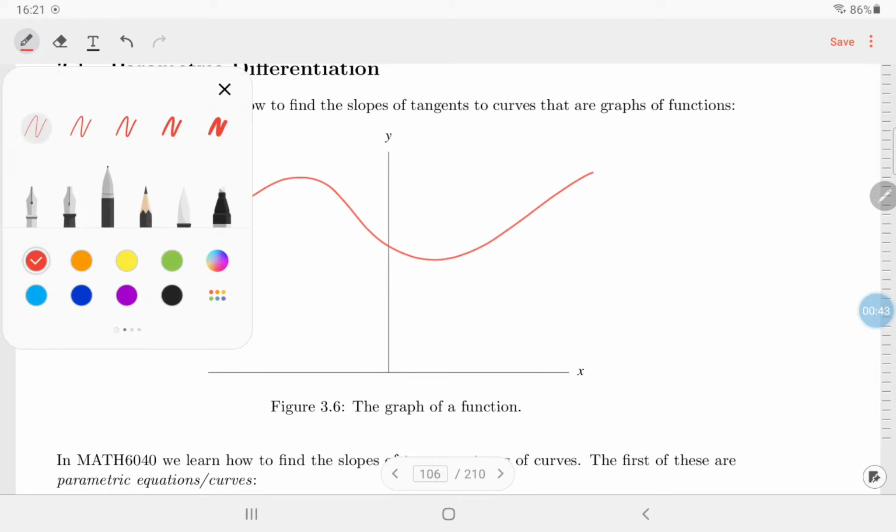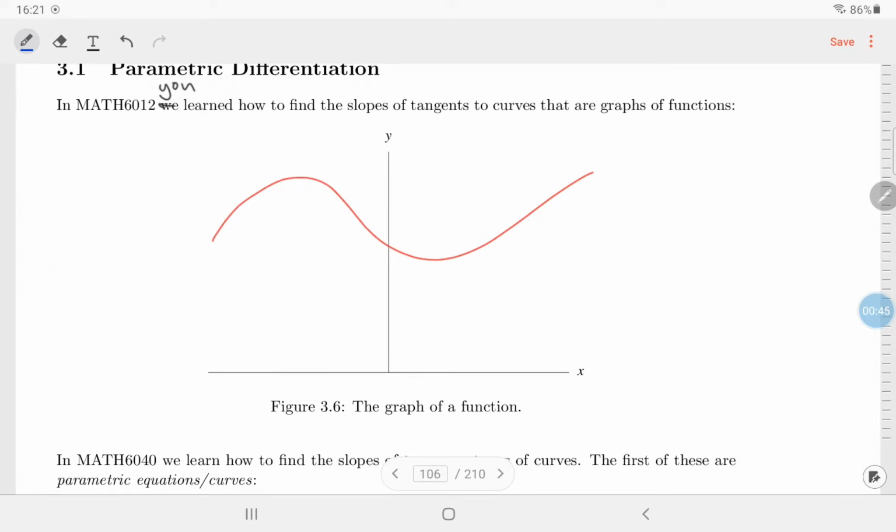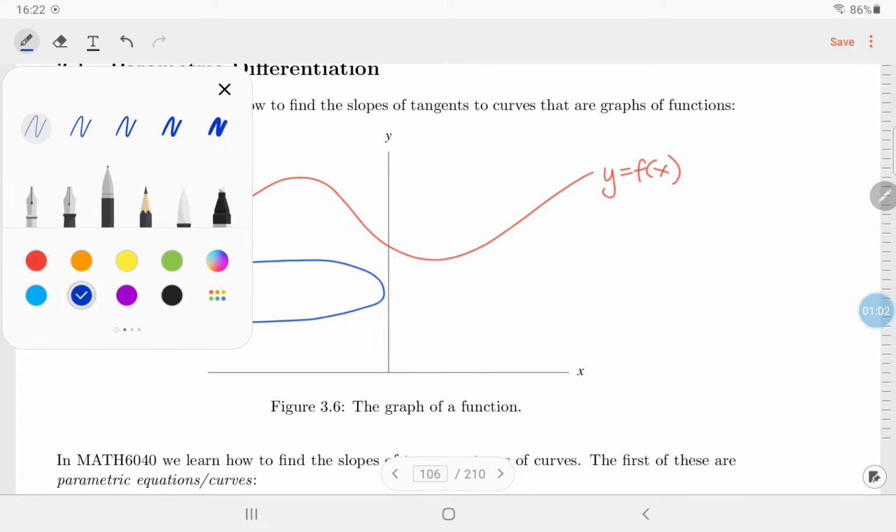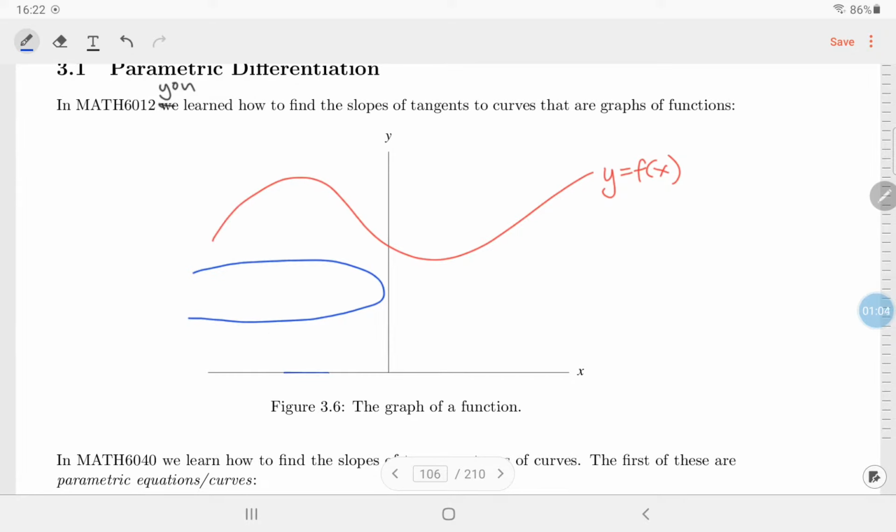So I'll draw a curve now that isn't the graph of a function. Something like that. So the red thing is definitely the graph of a function. This will be y is equal to f of x. But the blue curve is not of that form, because if you consider this input, let's call it x0, there's two y coordinates.